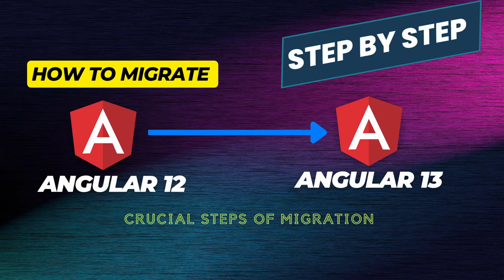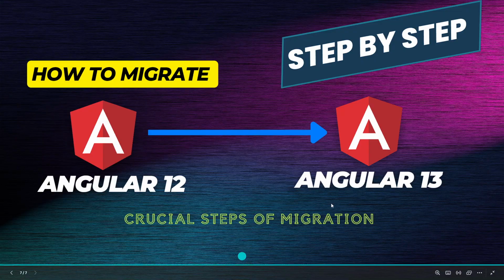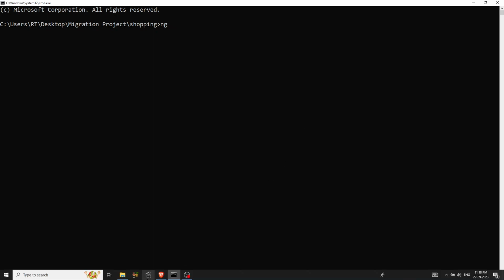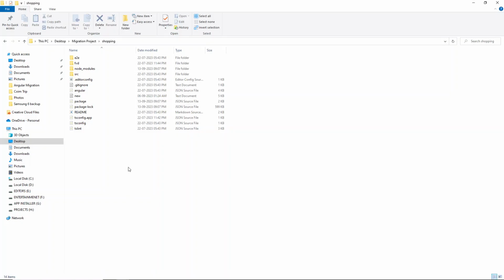So let's get started. The first thing to cross-check is to show the application and see which version is there. This is my Angular migration project, which you have already seen if you followed the previous videos. First let me open this in Visual Studio Code.